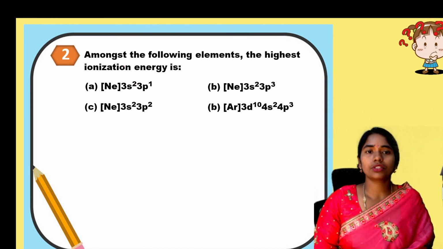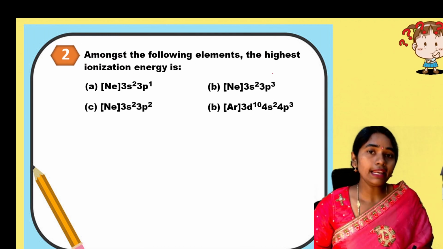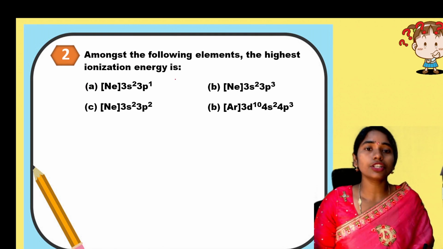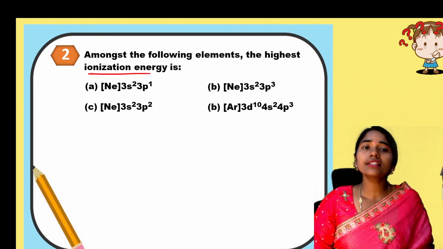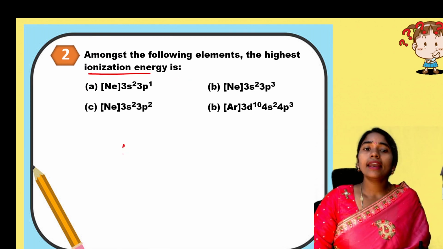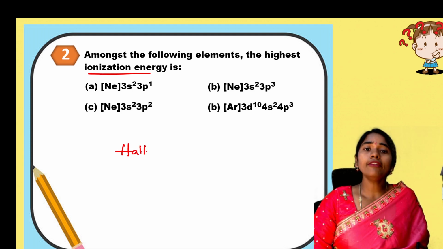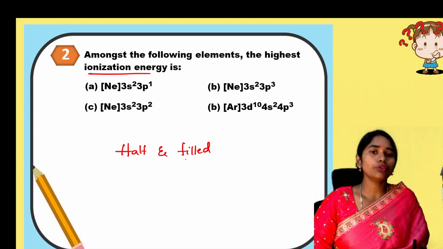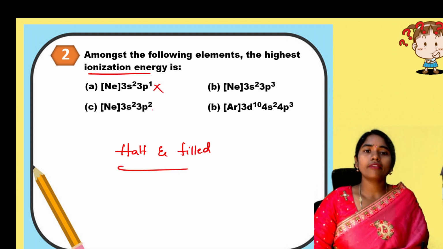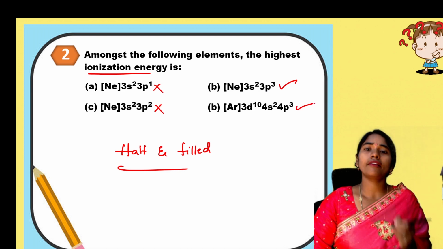See the next question. Among the following elements, the highest ionization energy is? In which case will ionization energy be highest? In a half-filled and a full-filled case, ionization energy is more for full-filled. So you can see here, this is not half-filled, this is full-filled, and here half-filled, here also half-filled.